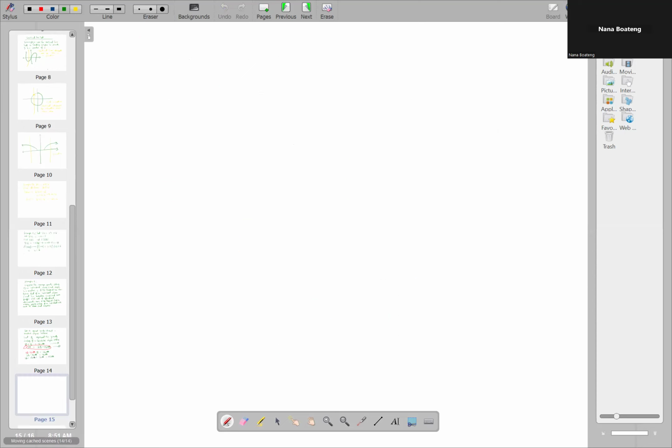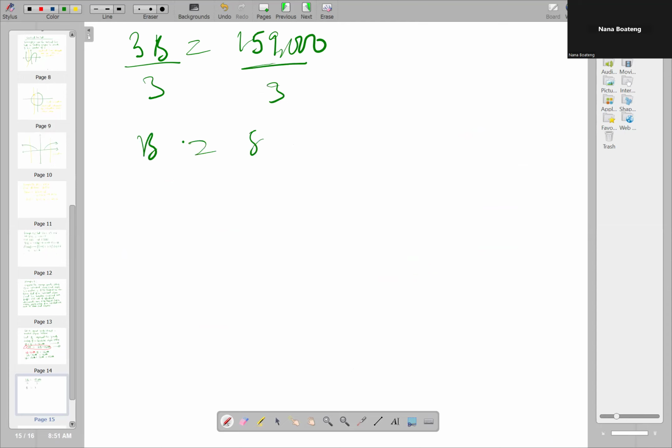So we have 3B is equal to 159,000. If we divide both sides by 3, we have B is equal to 53,000. So the yearly salary for a bachelor's degree holder is $53,000.